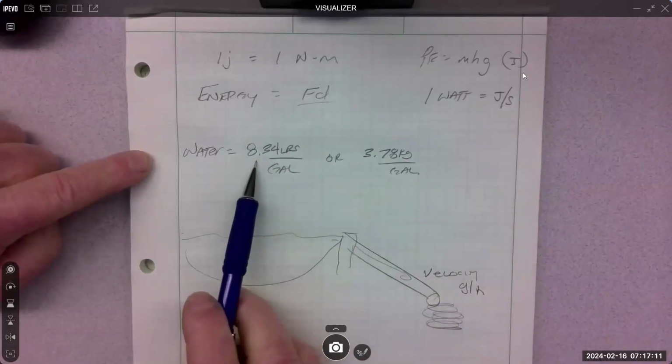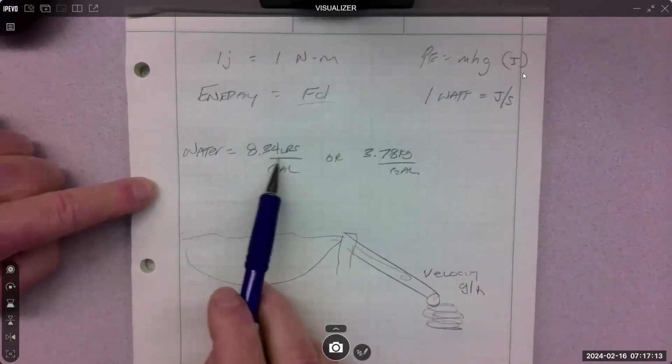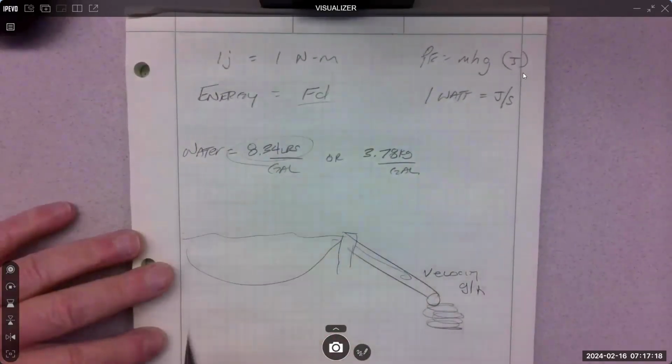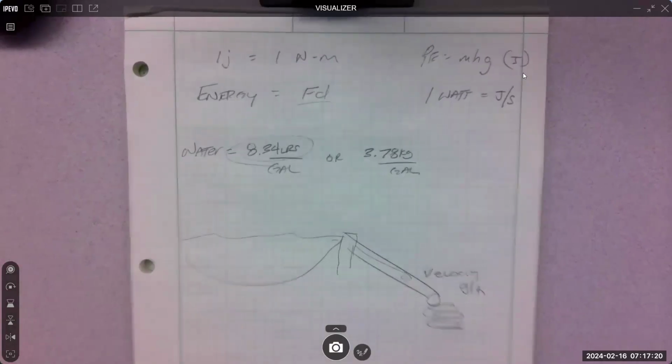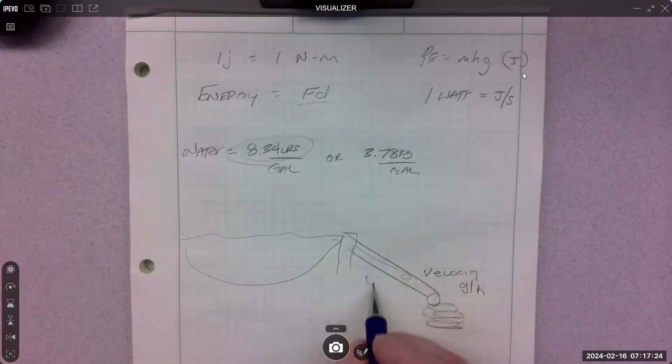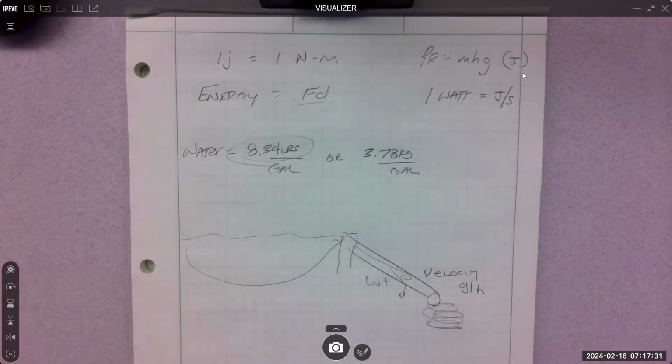For example, a gallon of water is 8.34 pounds per gallon. So the weight of the water is the potential energy, that falling weight, right? When weight falls, there is energy involved and dissipated. If we can capture that, then we can convert it into some kind of usable energy like we do in hydro systems.